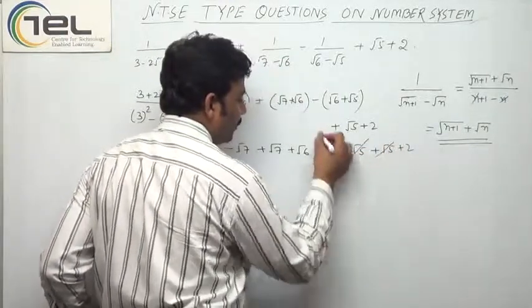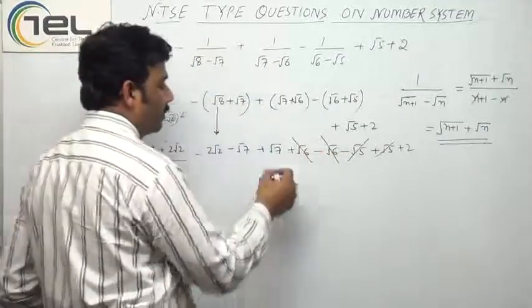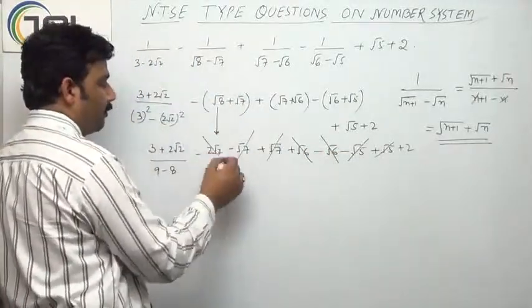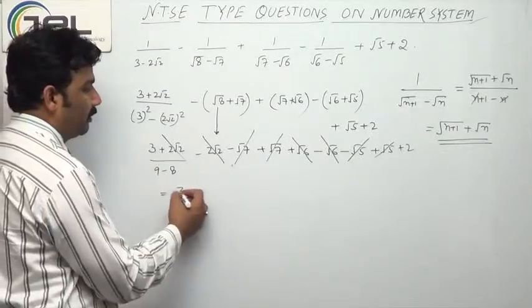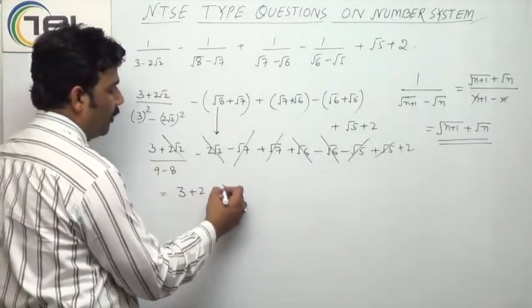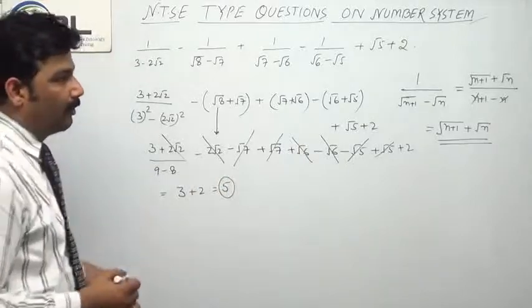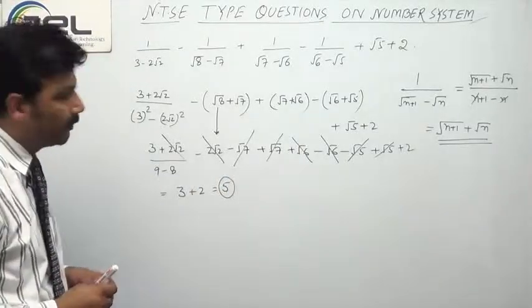This will be cancelled by this, this by this, this by this, because the denominator becomes 1. So it is nothing, it is 3 plus 2, it becomes 5. So easy question is this.